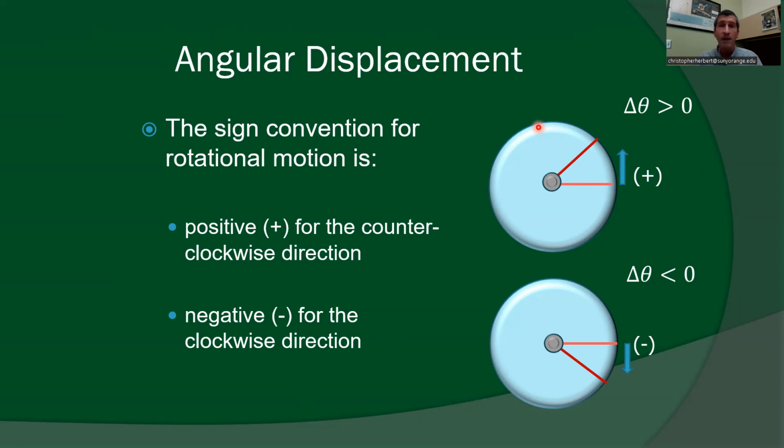We always said positive angles represented a rotation in the counterclockwise direction. If we go in the clockwise direction, clocks get it backwards, that represents a negative angular displacement. So clocks are always going in the negative angular direction, if you will.